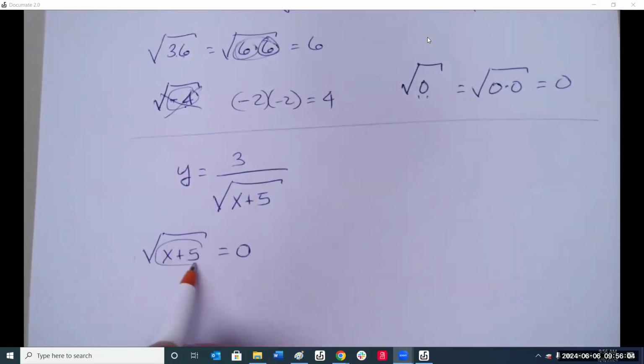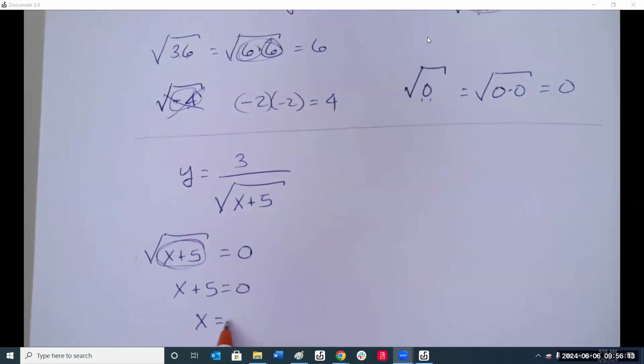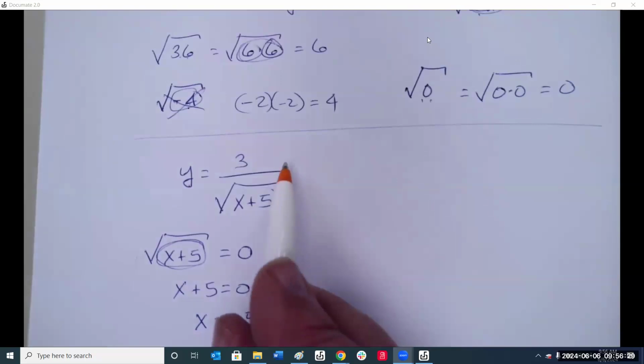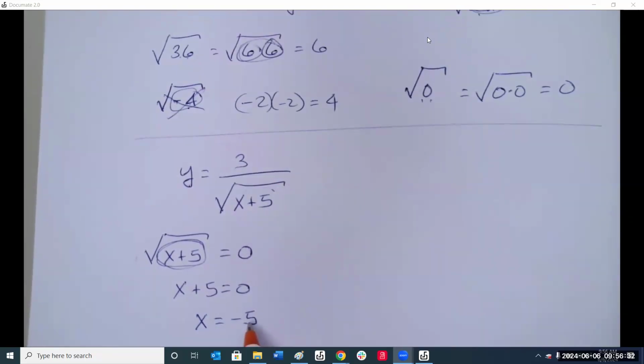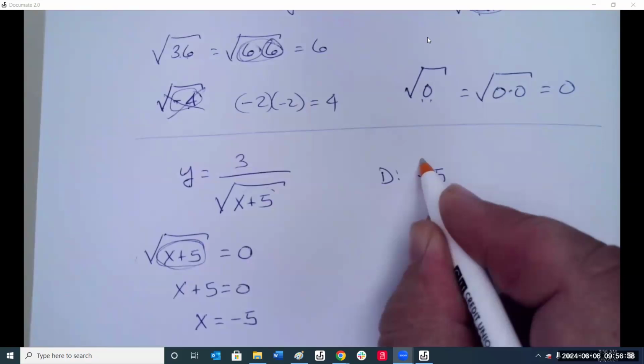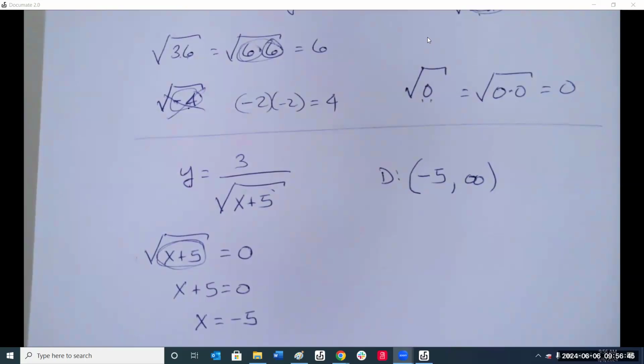It's a square root, but it's really this number. Set that equal to 0, we get -5. So if we use -5, then the number inside here becomes 0, which means the bottom becomes 0. So we cannot use -5. So we start off at -5 and then we go into infinity, because we can use anything bigger than -5.